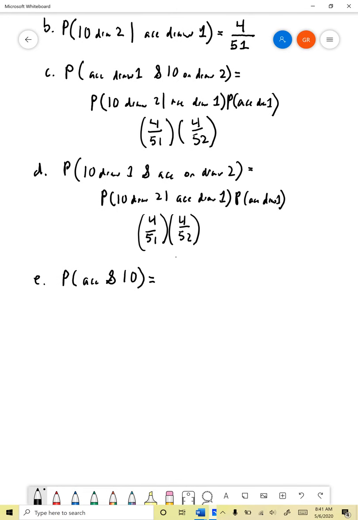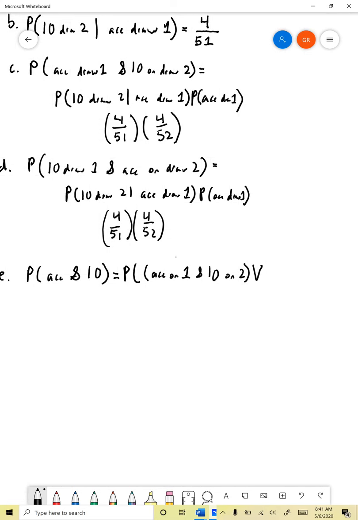We can substitute in a logically equivalent proposition by our logical equivalence rule. This is going to be the same as the probability of ace on the first draw and 10 on the second, or we get a 10 on the first and an ace on the second. Now, this is the probability of a disjunction.